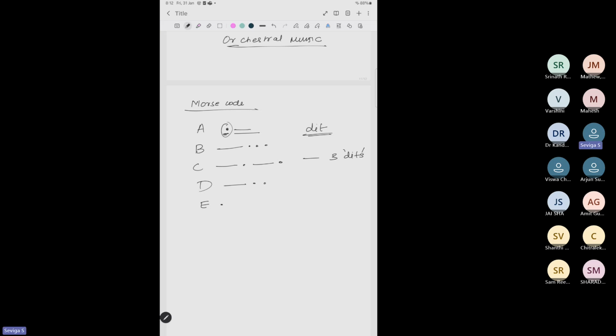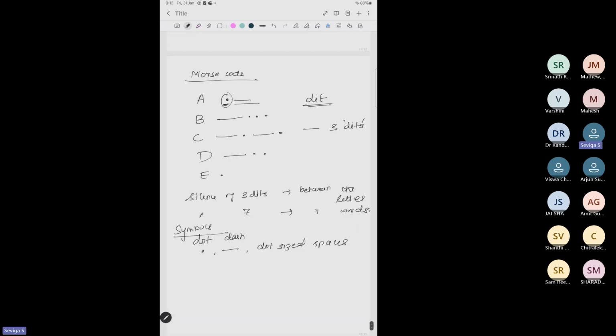Between the letters, there is a silence of three dits, and there is a silence of seven dits between the words. Morse code was traditionally sent by using telegraph keys to enable or disable the transmission. So it has three types of symbols: one is dot, the other is dash, and the other is dot-sized spaces.